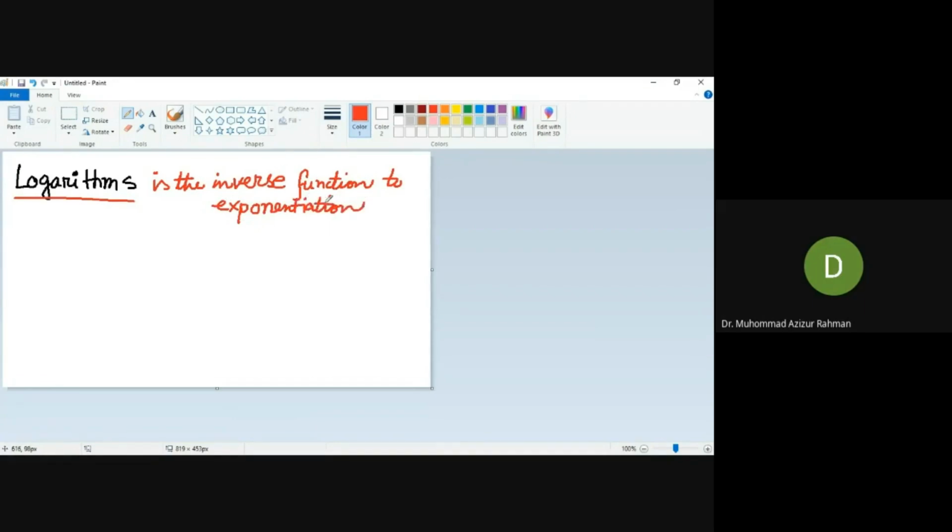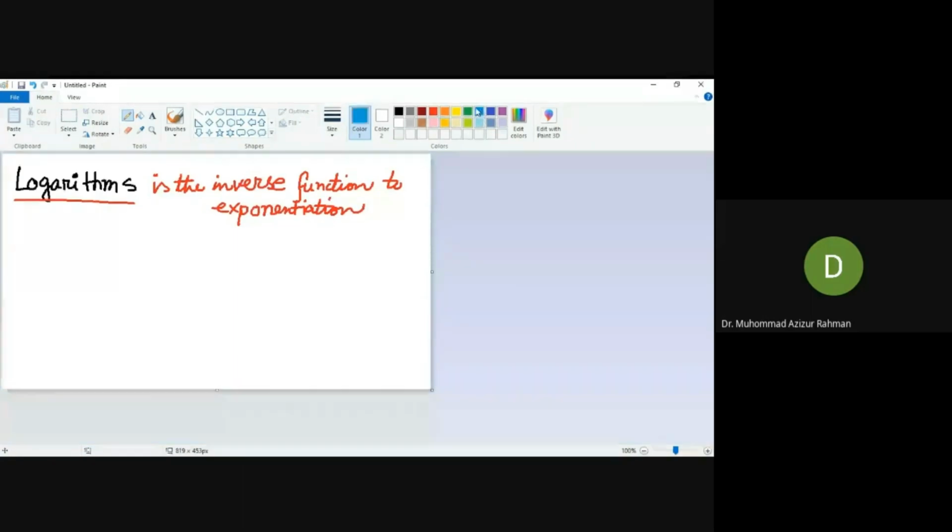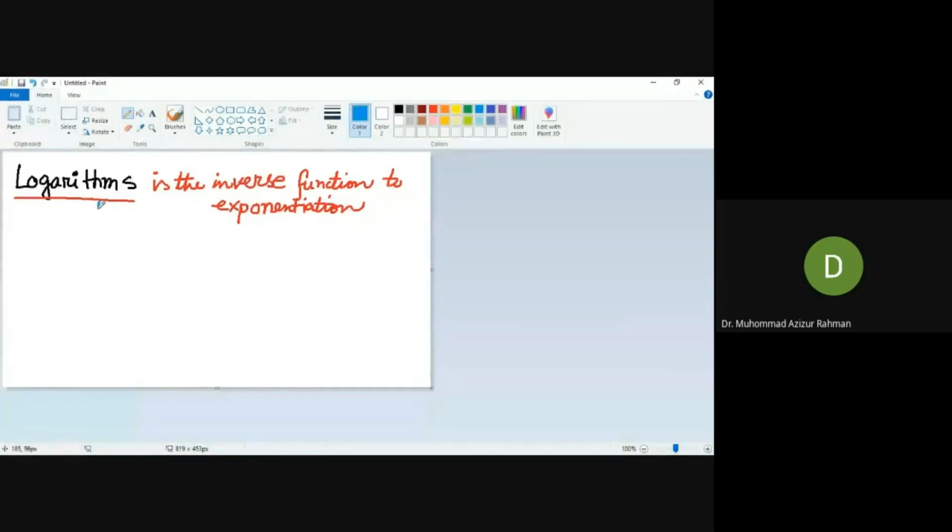Actually, logarithm denotes an alternative way of expressing exponents.